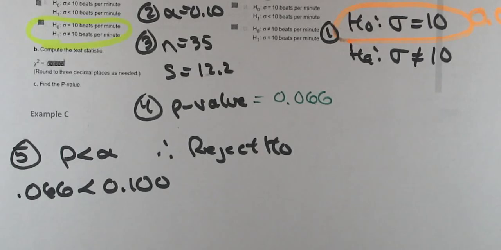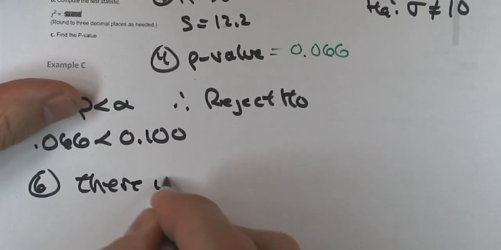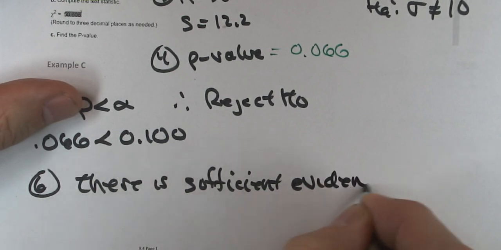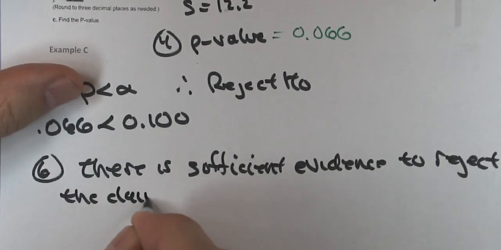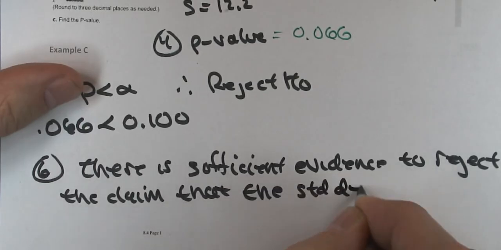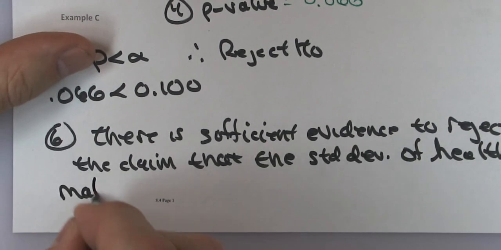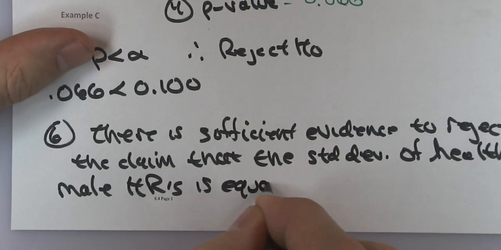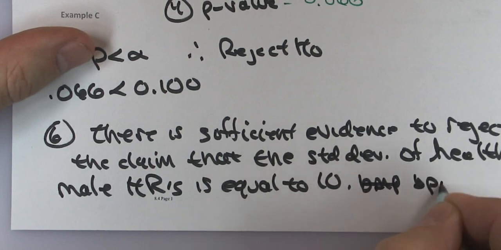All right, so let's write that down. There is sufficient evidence to reject the claim that the standard deviation of healthy male heart rates, I'm just going to abbreviate HRs, is equal to 10 bpm.